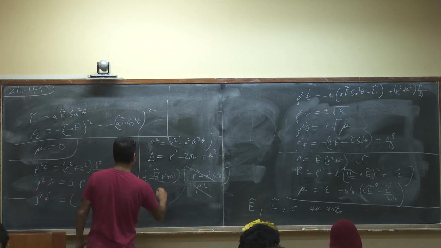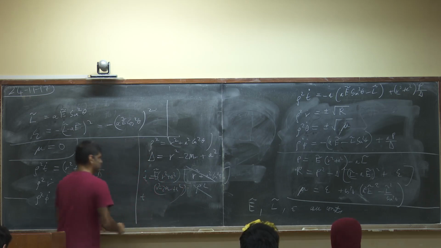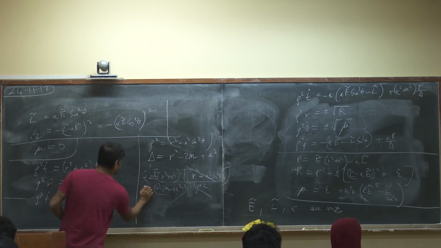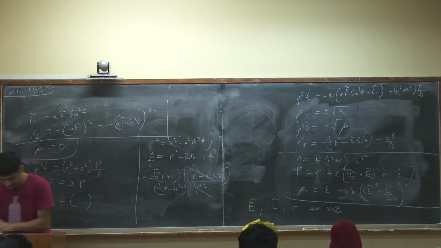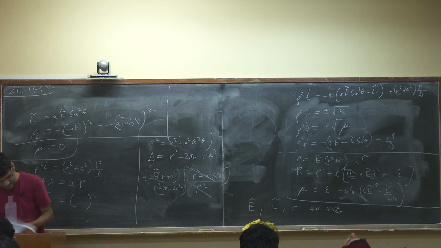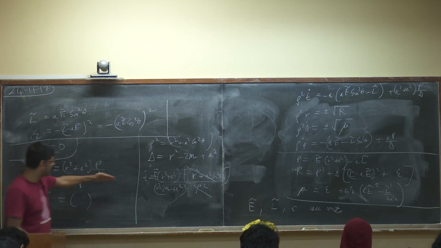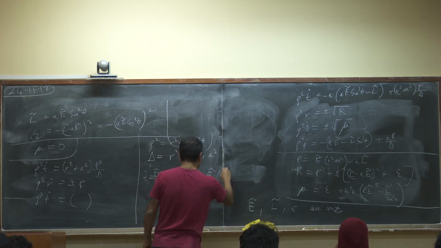So delta is what it is, R squared minus 2mr plus a squared. Okay. So T dot is this stuff. Let me check. Exactly. So I'll just continue to write this as E tilde R squared plus A squared over delta.